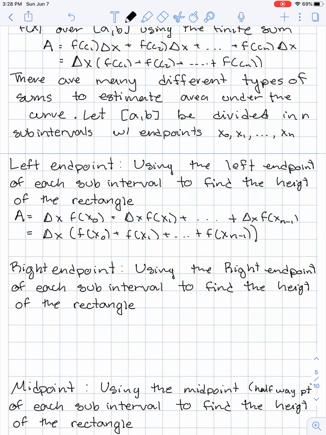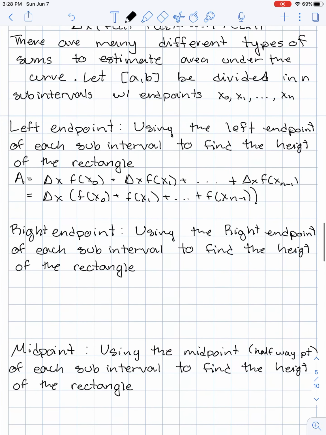All right, so right endpoint is pretty much the same. We're going to use the right endpoint of each subinterval to find the height of the rectangles. So our area is going to equal delta x times f of x1 for my first rectangle, plus delta x times f of x2, plus delta x times f of x n.